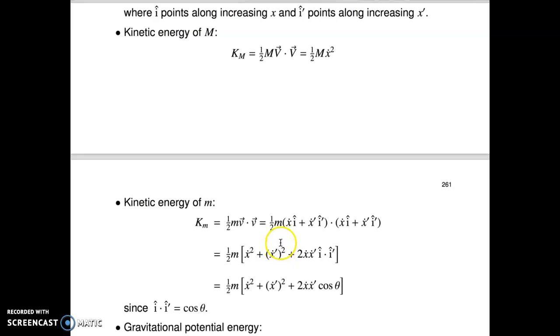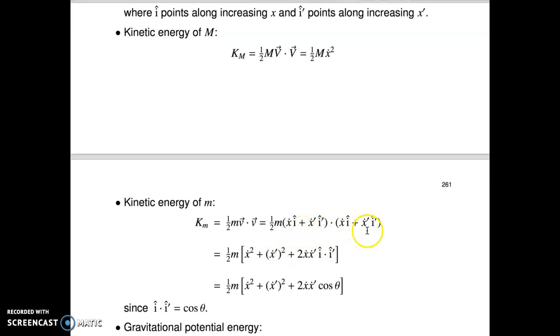So it becomes, if we just expand with the dot products, the first term will be x dot squared. The second term with itself will give us x primed dot squared.